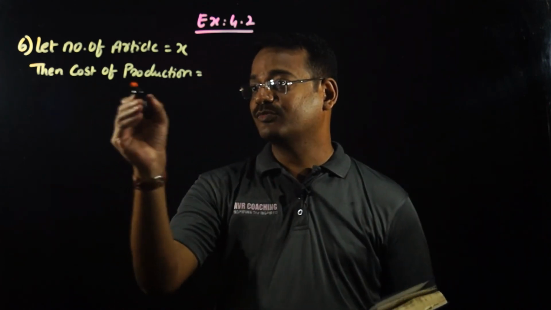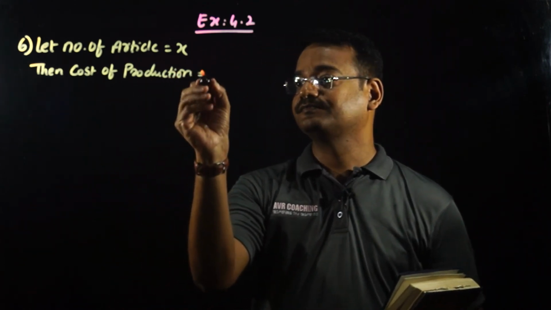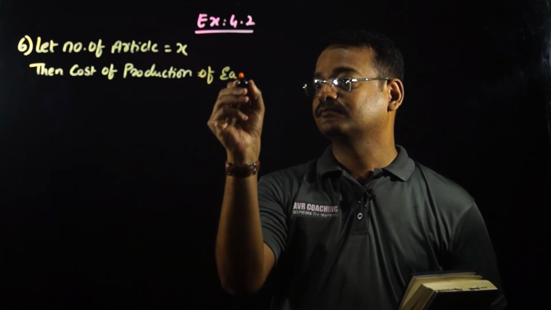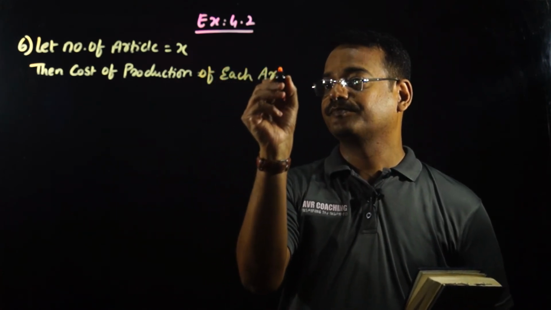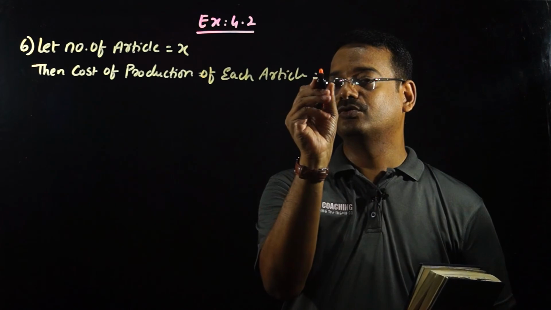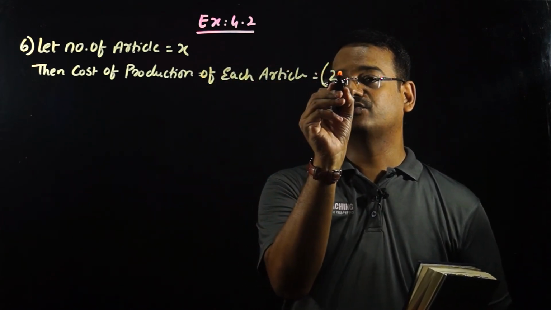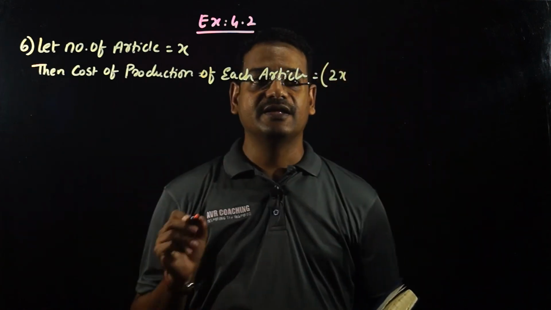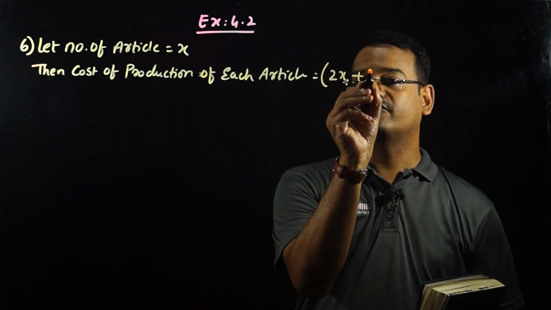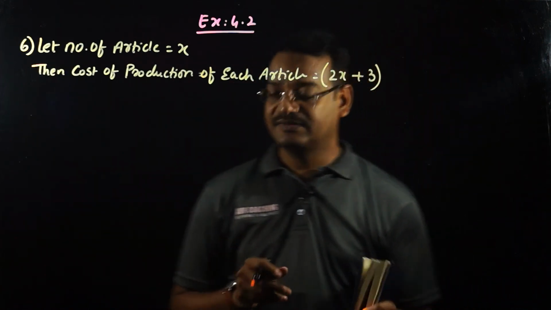Therefore the cost of production of each article is equal to 3 more than twice the number of articles. Twice the number of articles is 2x and 3 more will be 2x plus 3.